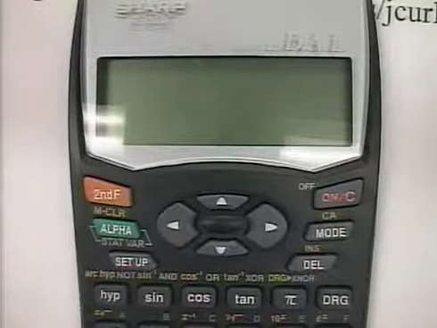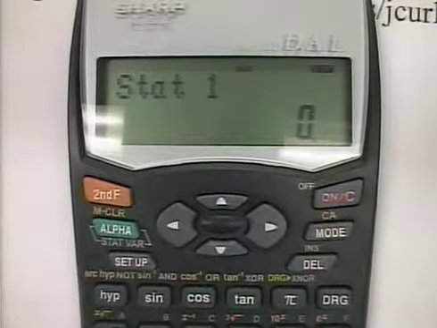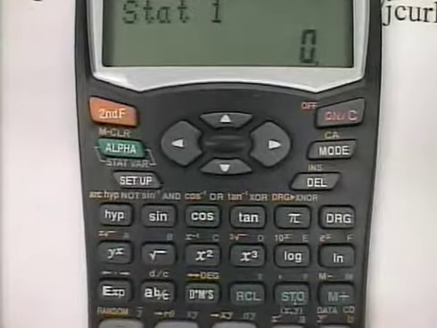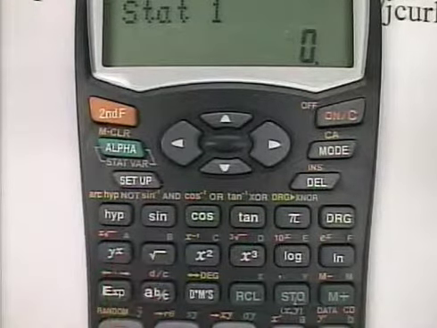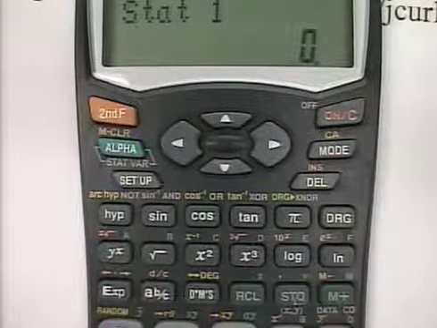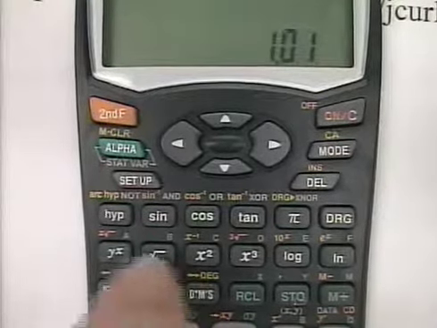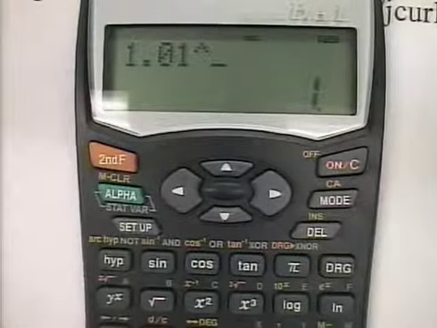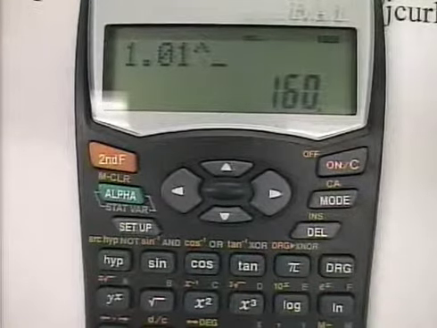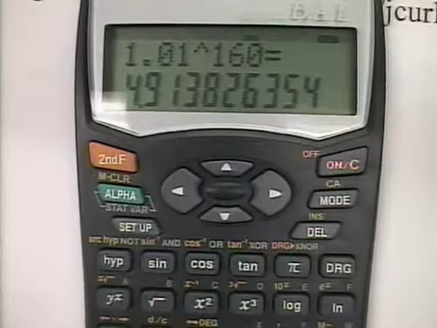So this is at $11. It's at our bookstore. Again, I'm going to turn it on. And this time I have to use what is called a y to the x key. That's this key right here. So for example, if I want to do what I'm doing here, I want 1.01 y to the x, and I'm going to do 160. This is how fast that goes. And so I have 4913.